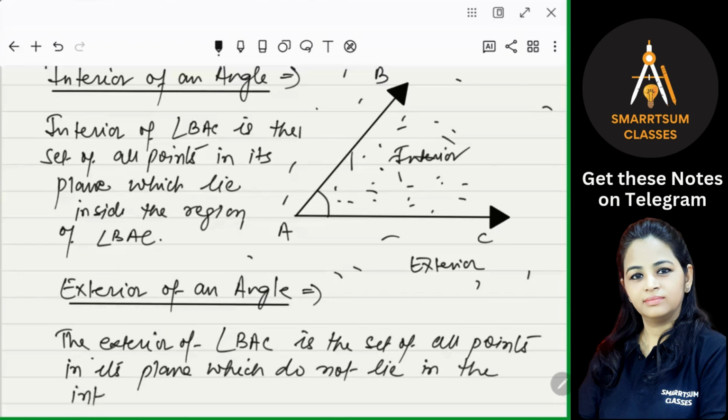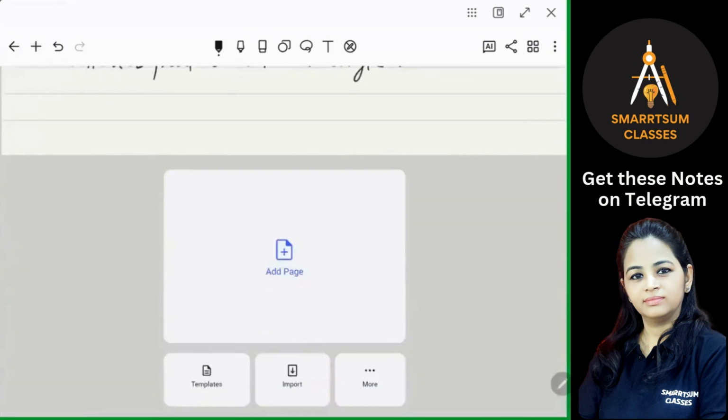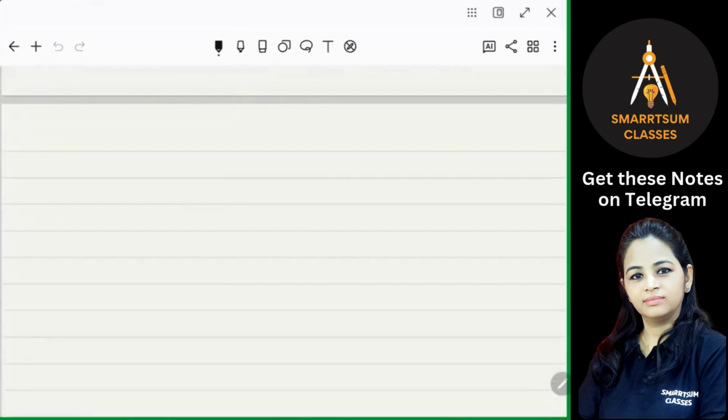If there is any point which is not lying in the interior part or on the angle, that is exterior. Is that clear? For example, let's see. Suppose you have some points.